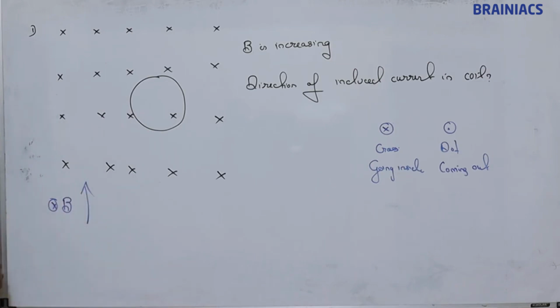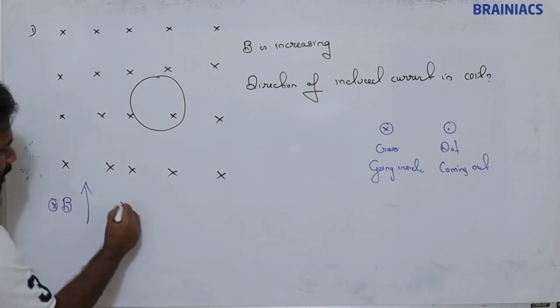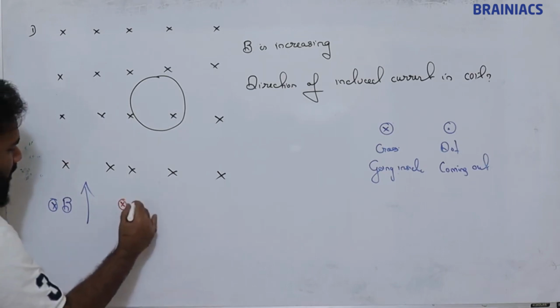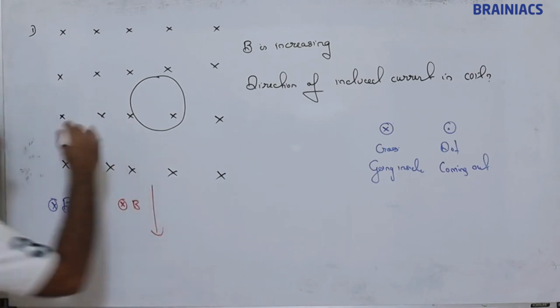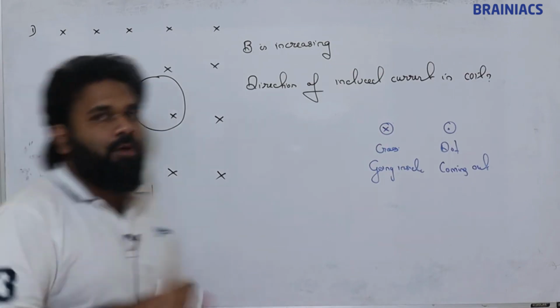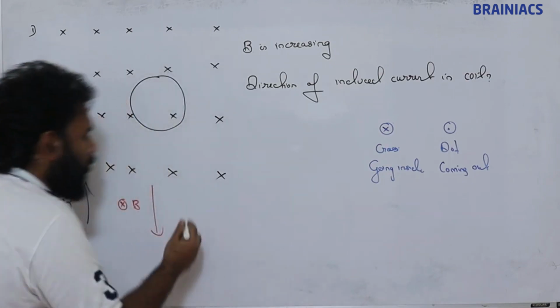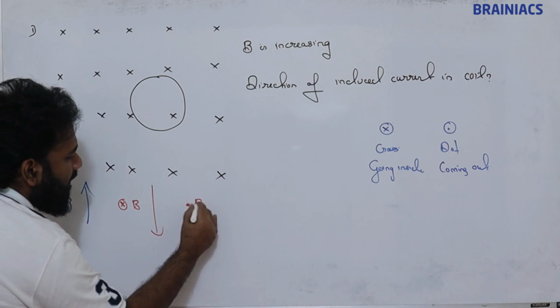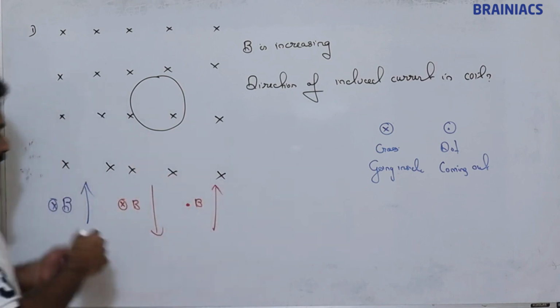What will it do? He is happy now. Now we need to demotivate him. The cross magnetic field should decrease. So to decrease the cross magnetic field, we should increase the dot magnetic field.